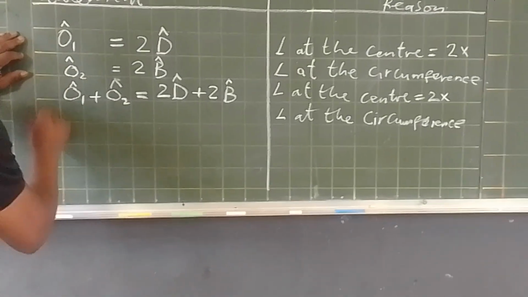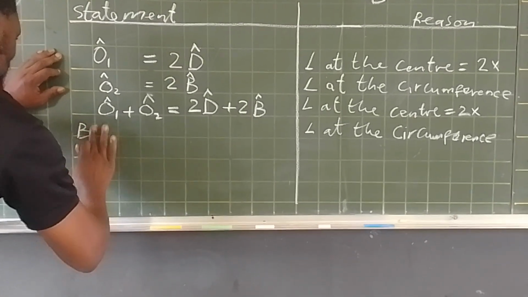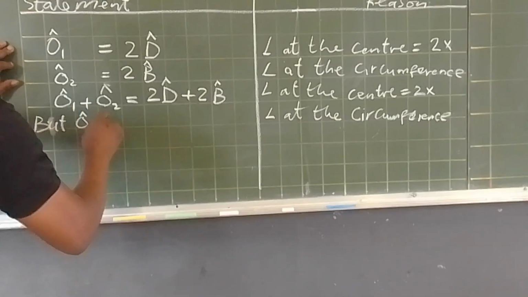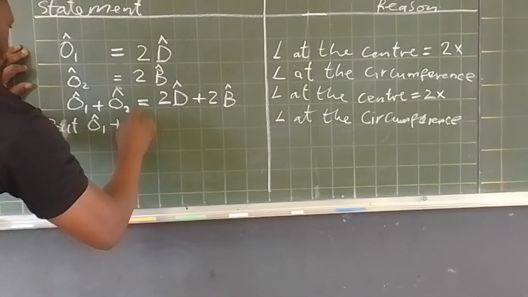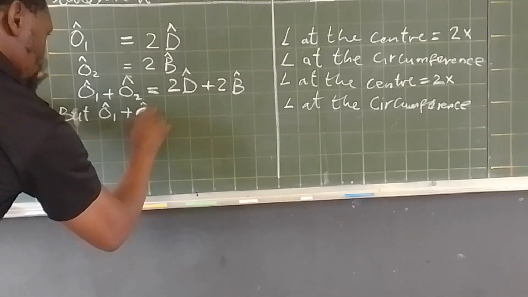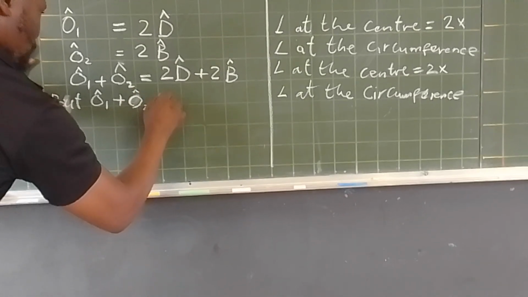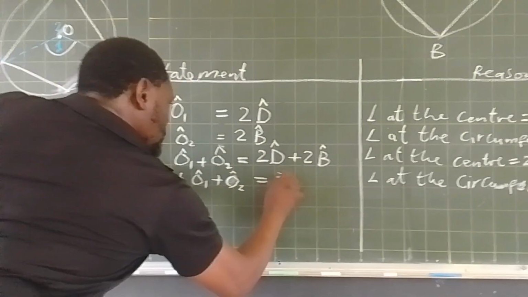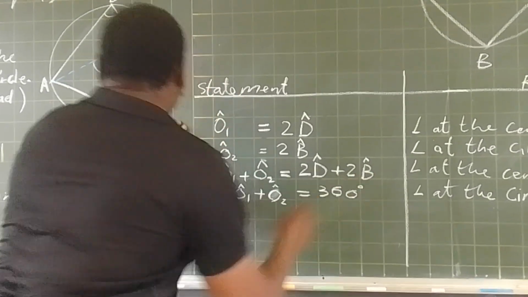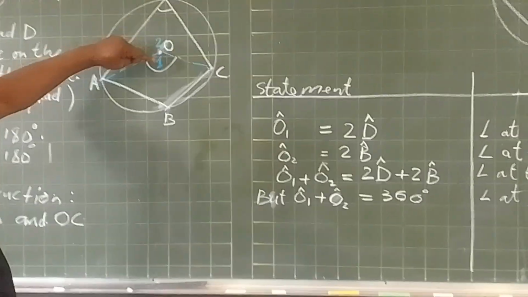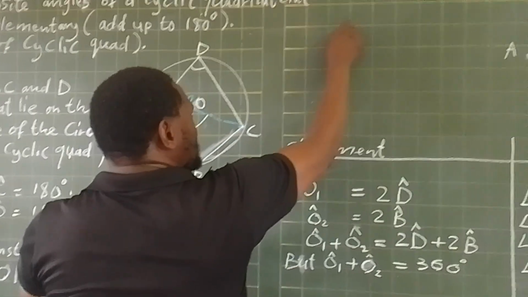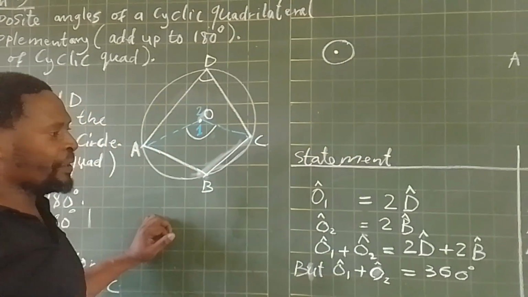But O1 plus O2 is equal to 360 degrees. You see, O1 and O2 is equal to 360 degrees. This is a revolution.